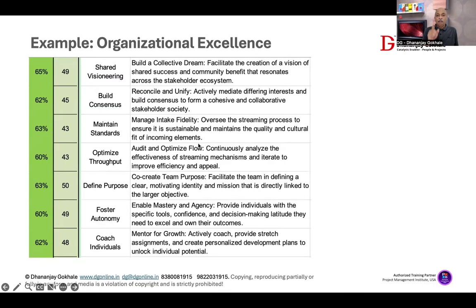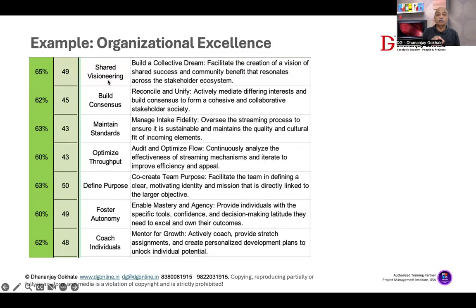Now, this data is for the leadership team of one of the plants of one of the organizations, and 12 people I have interviewed. So this data is from the universe of 12 for that particular plant.